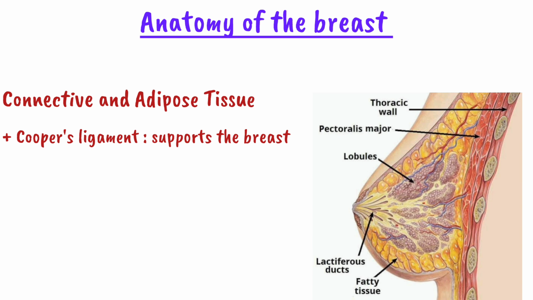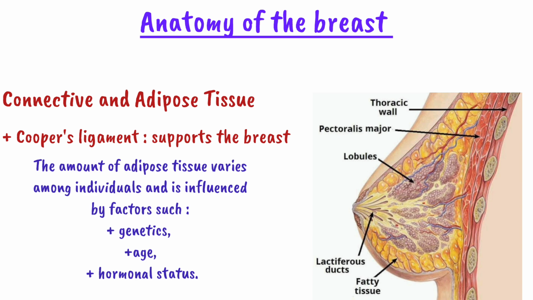Adipose tissue surrounds the glandular components of the breast, giving it its size and contour. Now, the amount of adipose tissue varies among individuals, and it is influenced by factors such as genetics, age, and hormonal status. So you can actually say the size of the breast is influenced by genetics, age, and hormonal status.